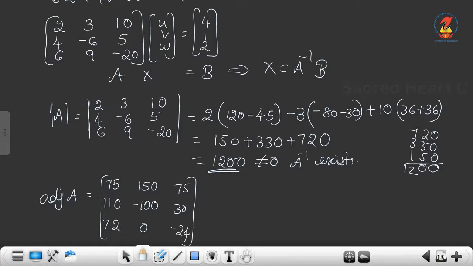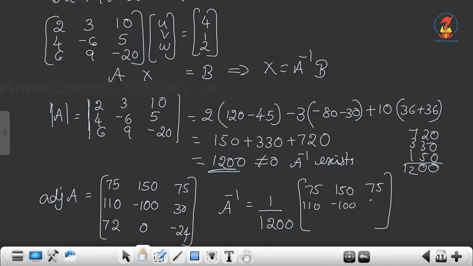No need to change there, so it is minus 24 itself. That is adjoint of A. So what is A inverse? A inverse is equal to 1 by 1200 into this matrix: [75, 150, 75; 110, -100, 30; 72, 0, -24].